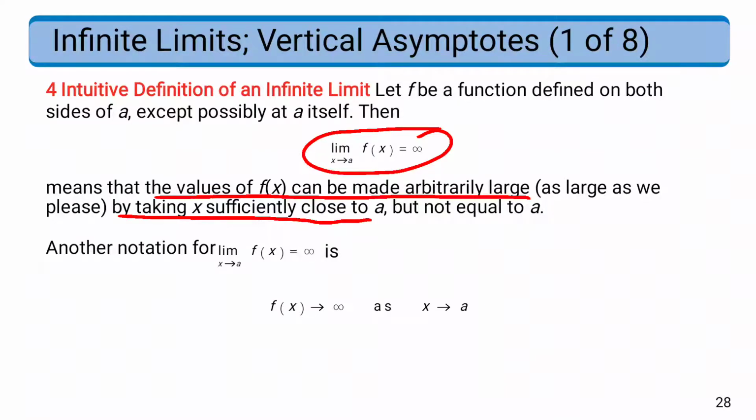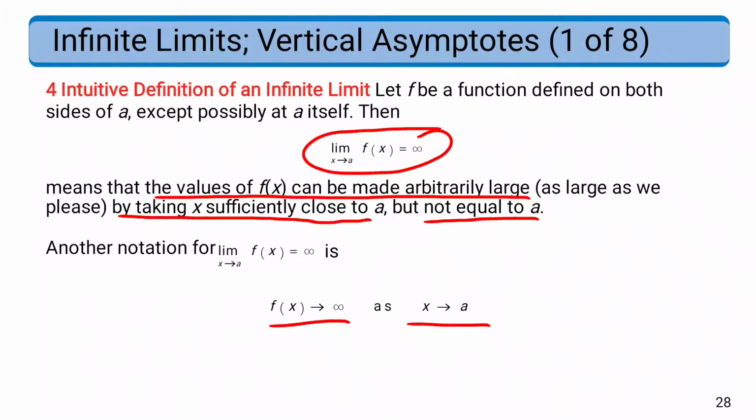But we are not taking the case when x is equal to a. In other words, we can say f of x becomes very large as x goes to a.